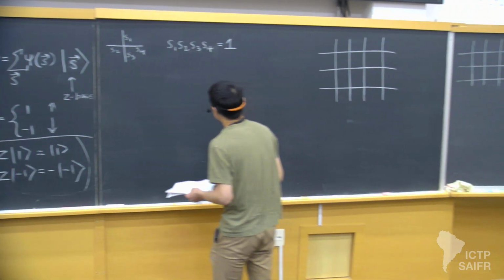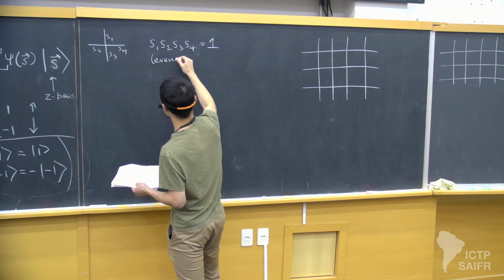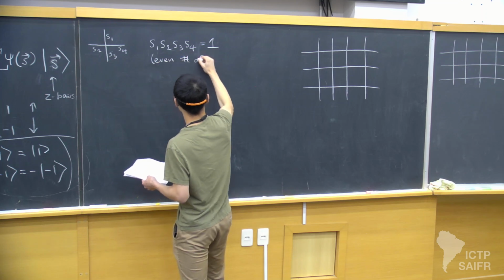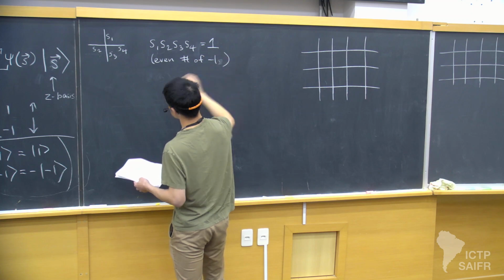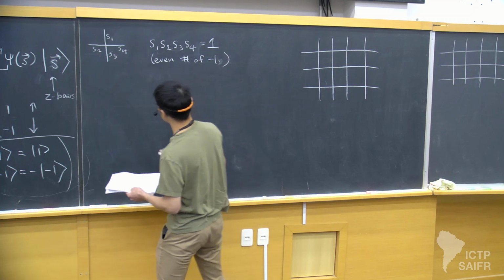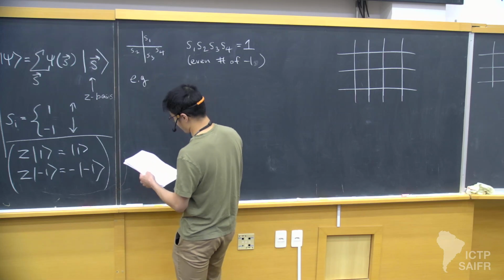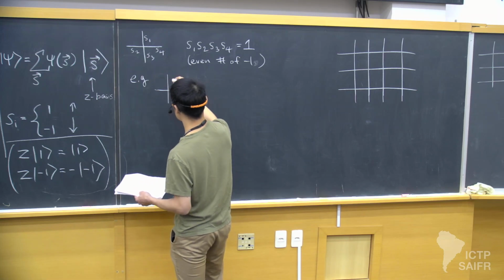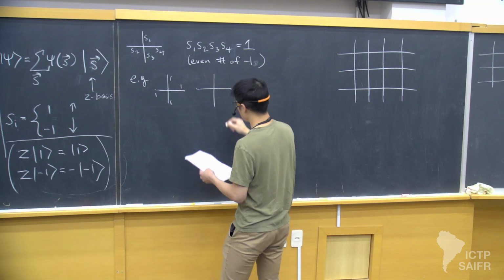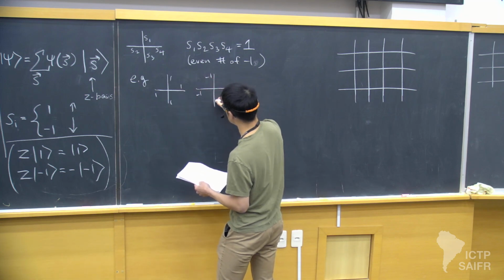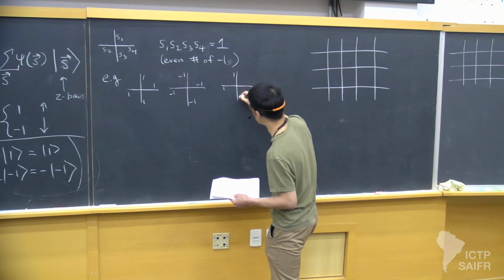Okay? So that just means that there should be an even number of -1s at every vertex, right? Just to be very explicit, some examples are 1, 1, 1, 1, or all -1, or 1, 1, -1, -1.